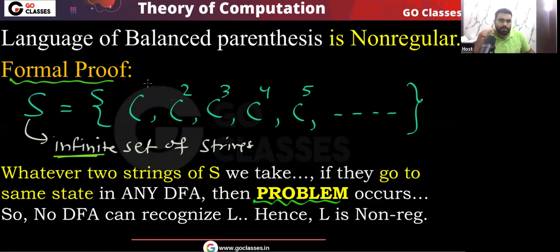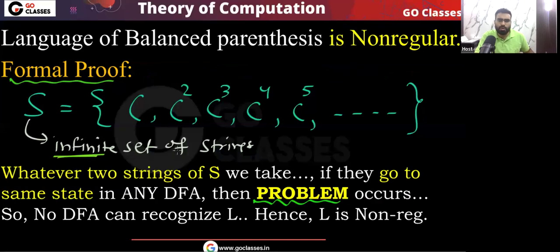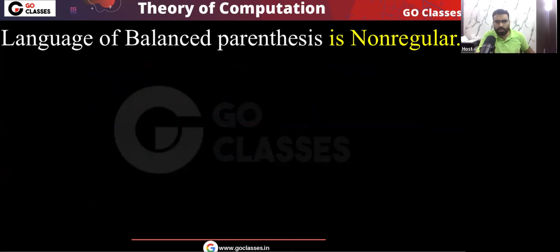So these strings should go to different states in the DFA. Yes or no? This and this and this should go to different states. But if they go to different states, then you need an infinite number of states, which is not possible. So ultimately, I can say that this language is non-regular. There is no DFA for this language. Very easily you can prove it.